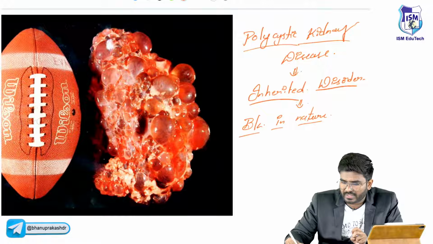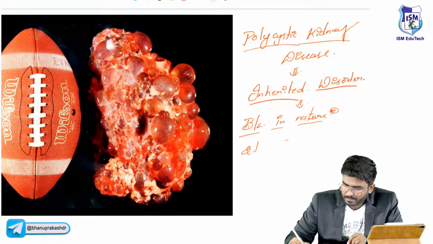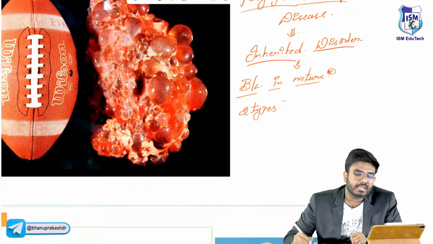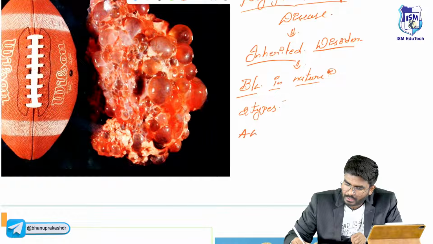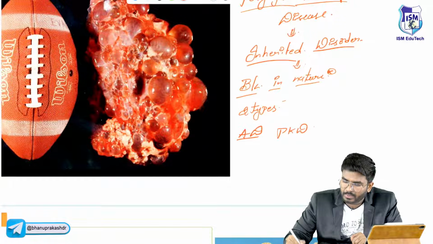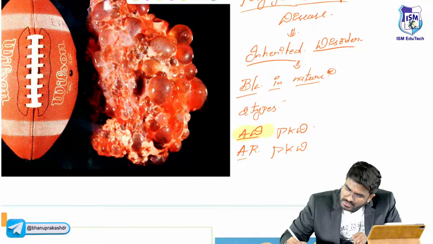Both the kidneys will be affected. How many types are there? There are two types. What are they? Autosomal dominant polycystic kidney disease, ADPKD, and autosomal recessive polycystic kidney disease, ARPKD.